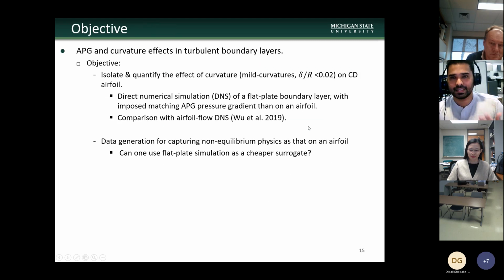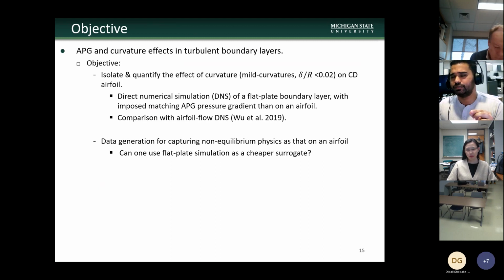So, as I said, we want to focus on curvature effects in the presence of adverse pressure gradient. To do that, we have this direct numerical simulation on an airfoil, done by Howe in 2019, and we run another flat plate simulation with matched pressure gradient as that on the airfoil.